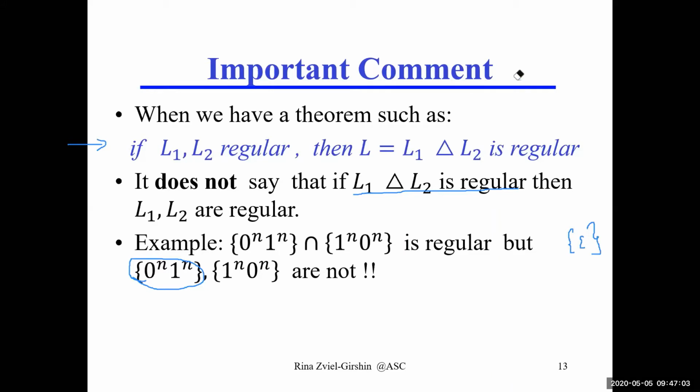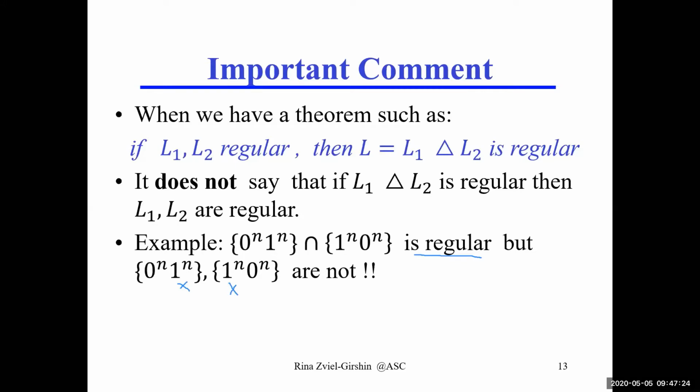So what I wanted to mention, which was actually the comment of this slide, is that if the result of some operation is regular, it doesn't mean that the original languages were regular languages.